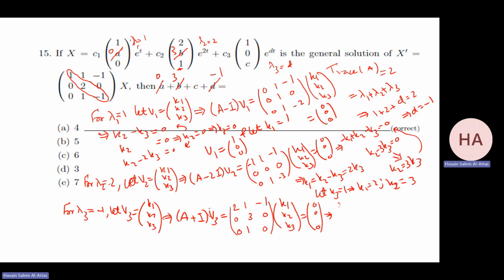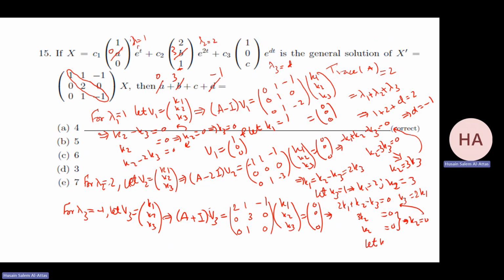So I have 2K1 plus K2 minus K3 equals 0, and 3K2 equals 0, so K2 equals 0. Plugging it in, K3 equals 2K1.